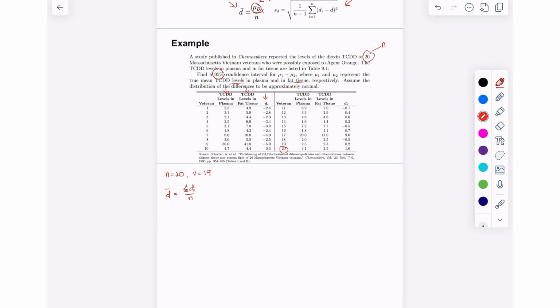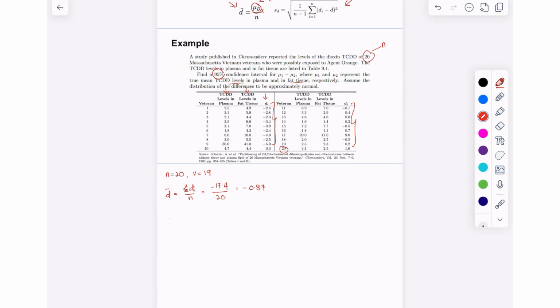We have the list of di given here, so you need to sum up all these di. If you sum up, you obtain that the summation of di is negative 17.4, and then divide by n, that is 20. If you calculate, you get negative 0.87. So d bar is negative 0.87.